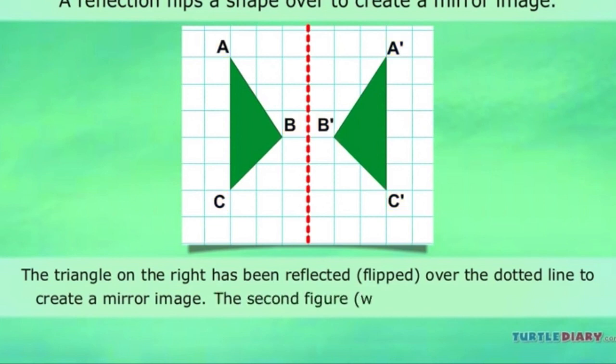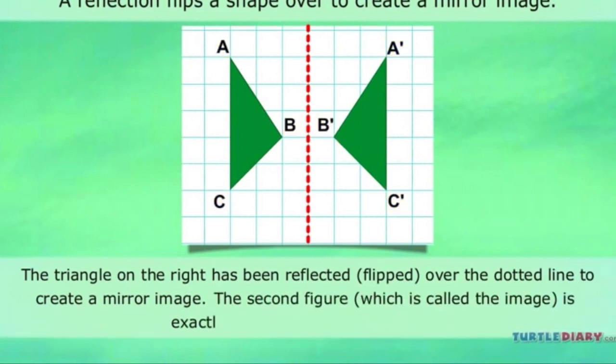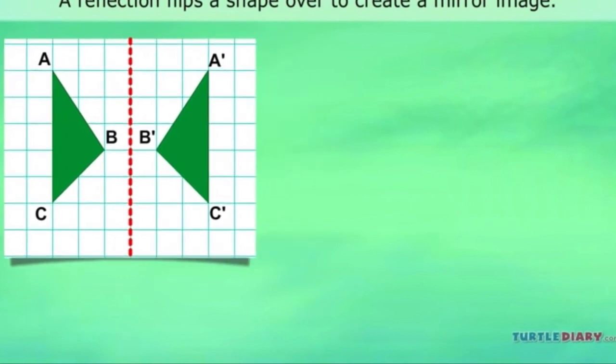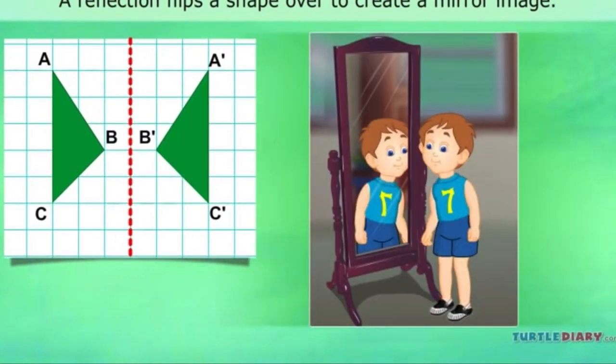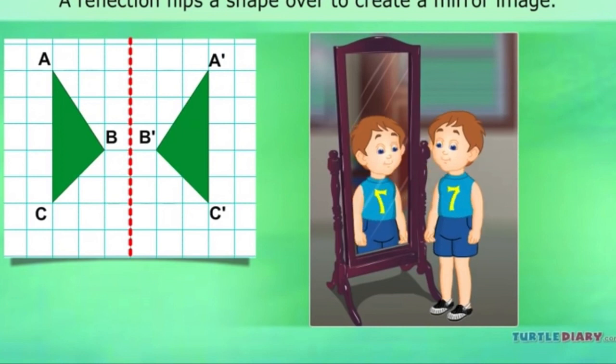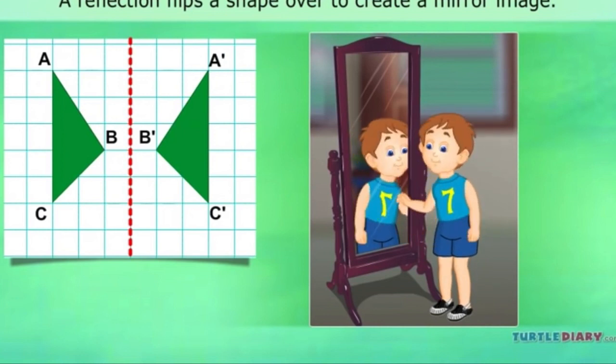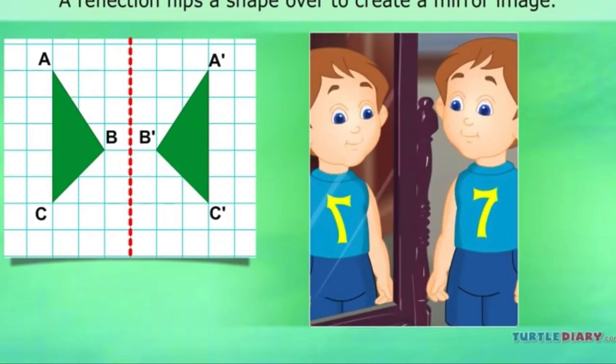Notice that the second figure, which is called the image, is exactly opposite the original figure. You can remember this because when you look in a mirror, you see a reflection, but you are seeing a mirror image in which everything is opposite. If you have writing on your shirt, it's backwards in the mirror.